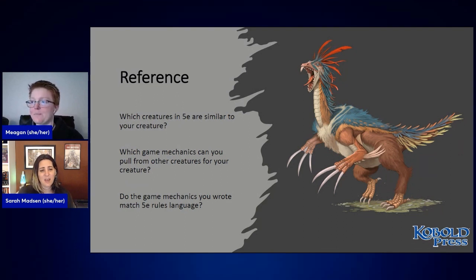I can't emphasize enough, like what Megan said, don't make things harder on yourself. If there is a creature that already has something that your creature does, that's okay. You can use that, and you don't have to beat yourself up figuring out what the saving throw should be and how to word this. You can literally just pull it from something else.